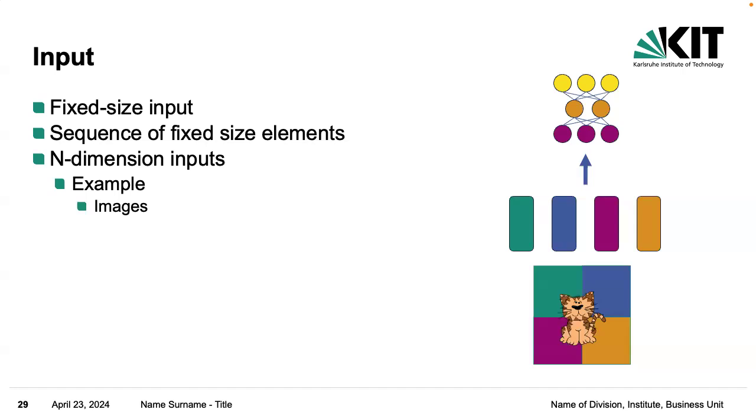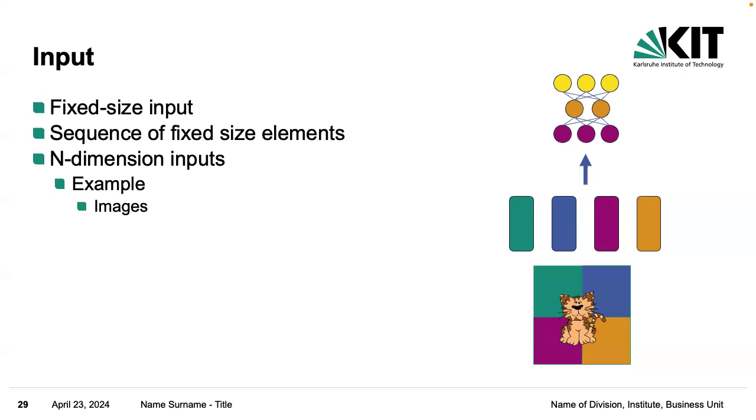So the question is, can we also somehow extend that to n-dimensional input? We already did that implicitly a bit with a picture. One easy way is to linearize it into a fixed size, and then you have done exactly that.